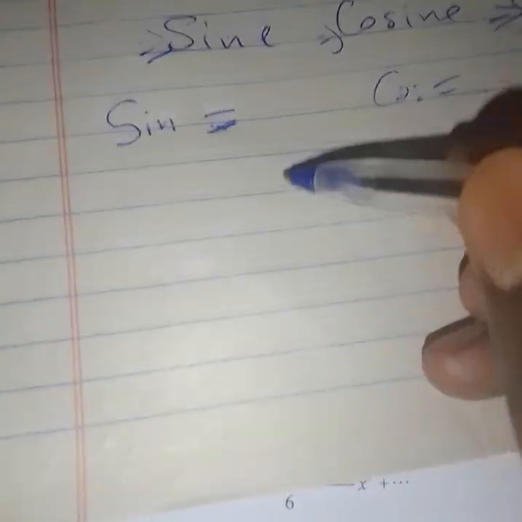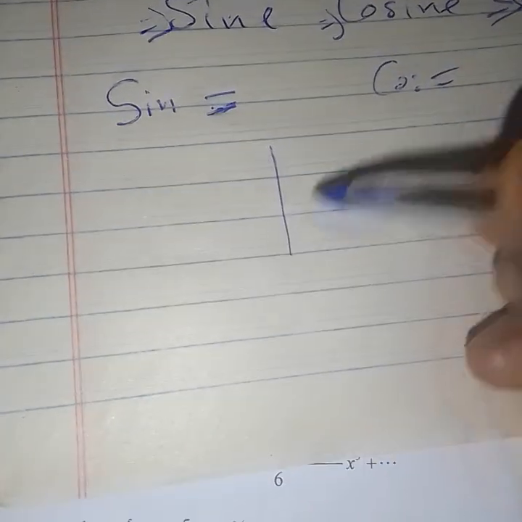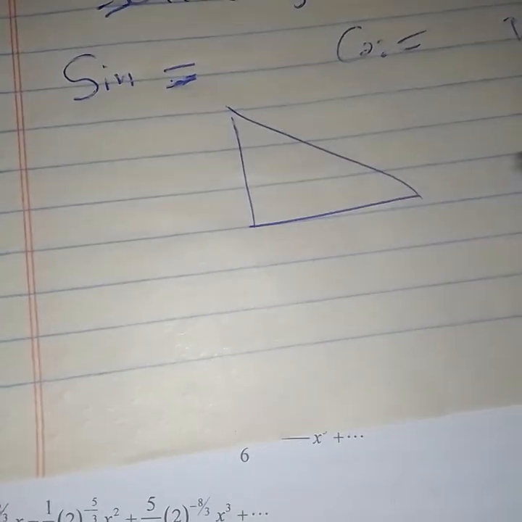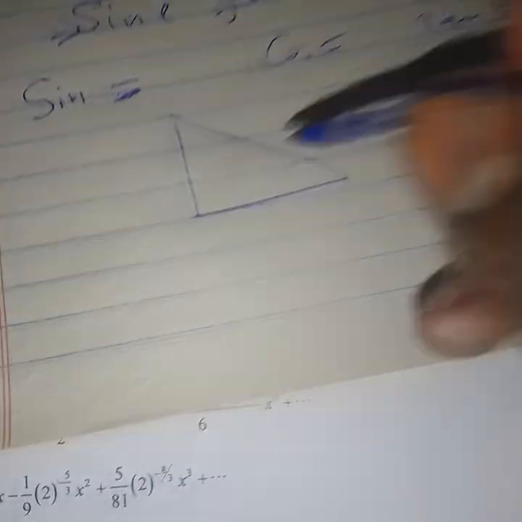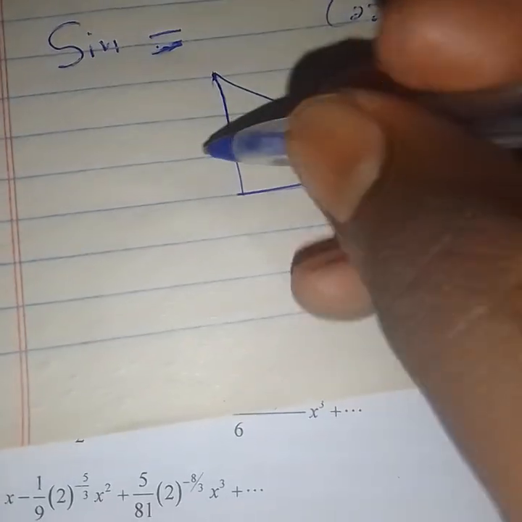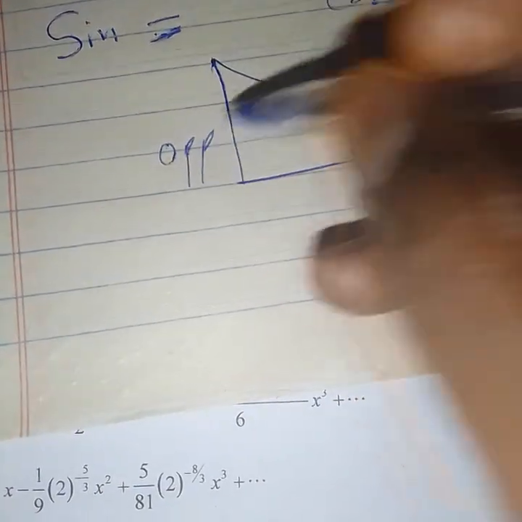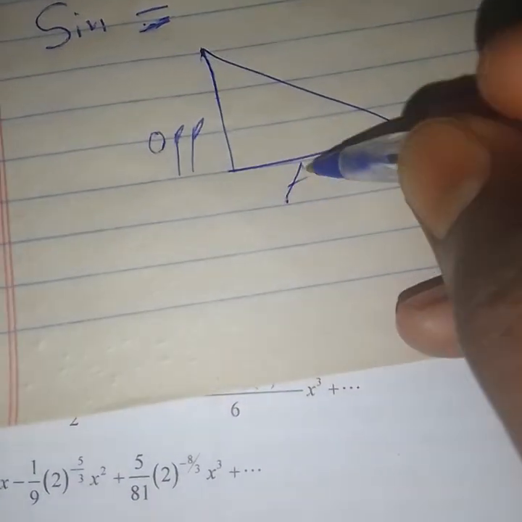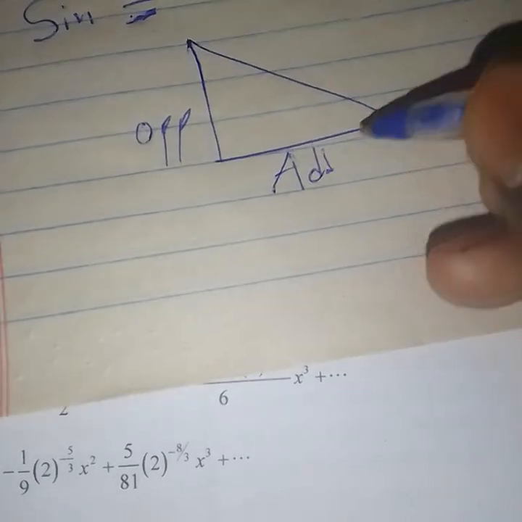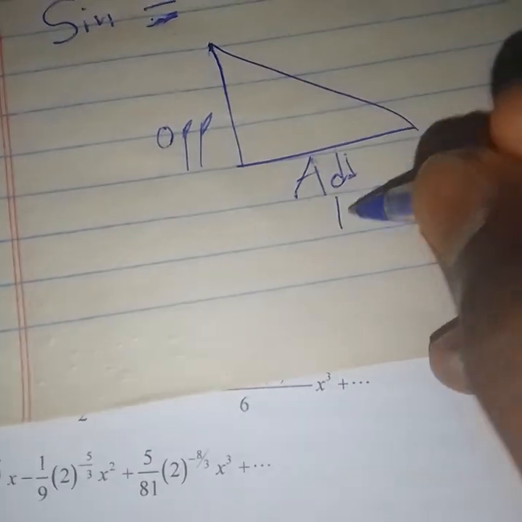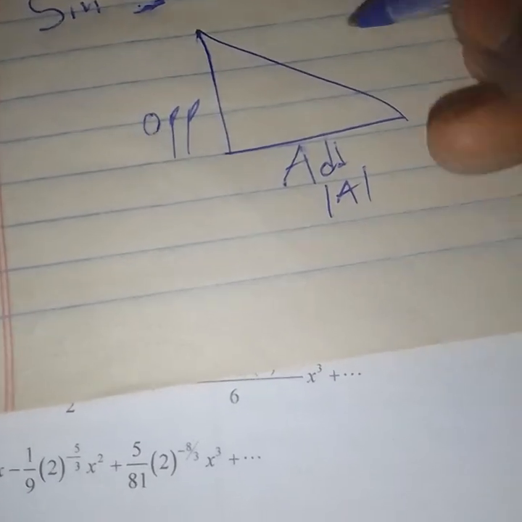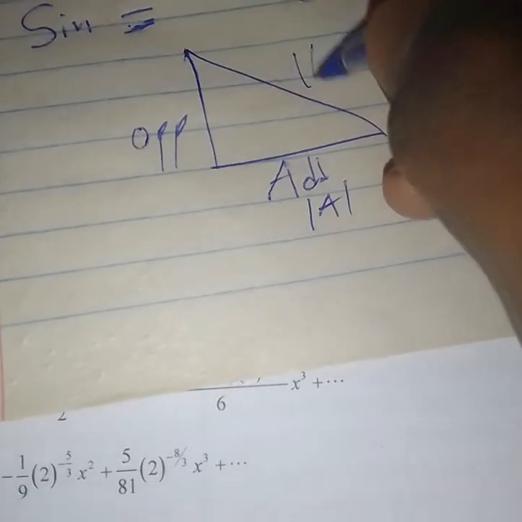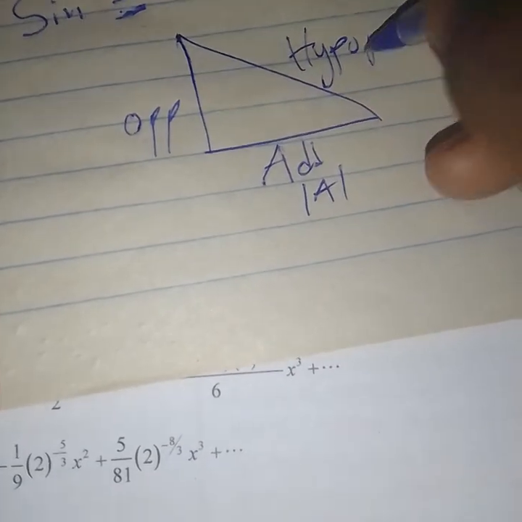So imagine you have a right angle triangle. This line here is what they call the opposite. And here is the adjacent, let's call it A. And here, this longer line is the hypotenuse.